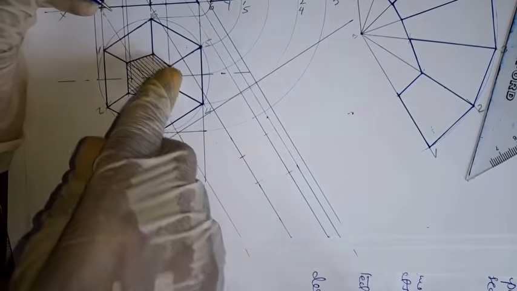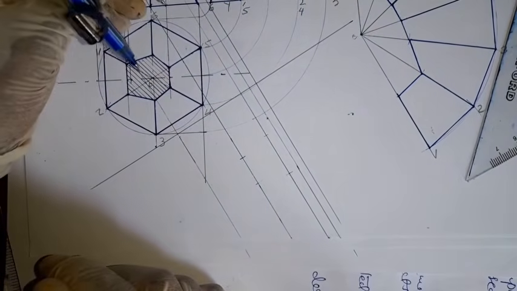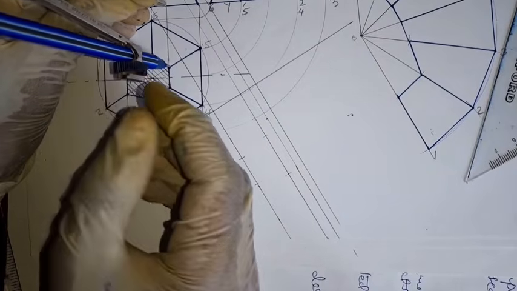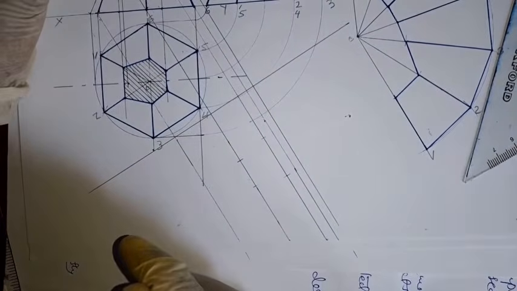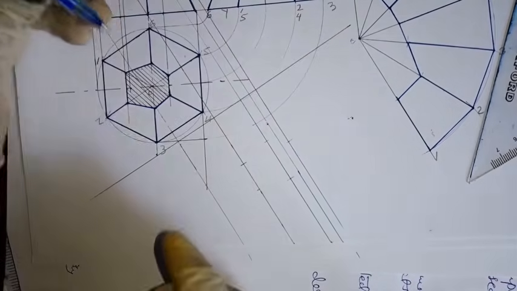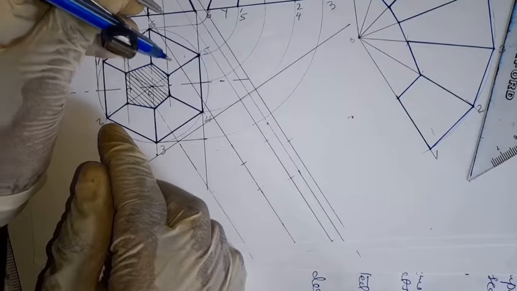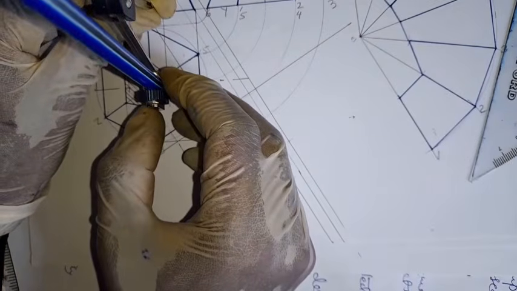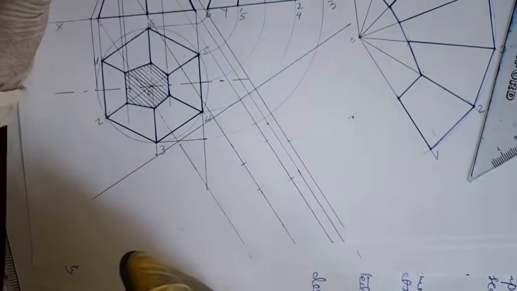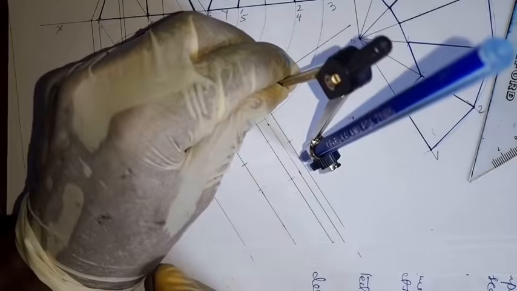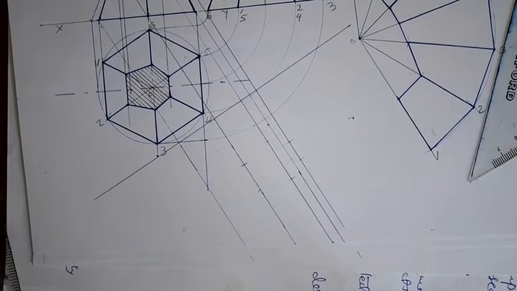Next is this and this. So again, the same way, because it is this one here, we come and stand there, make. Then lastly this. And because it is here, cut. So we are going to join them.